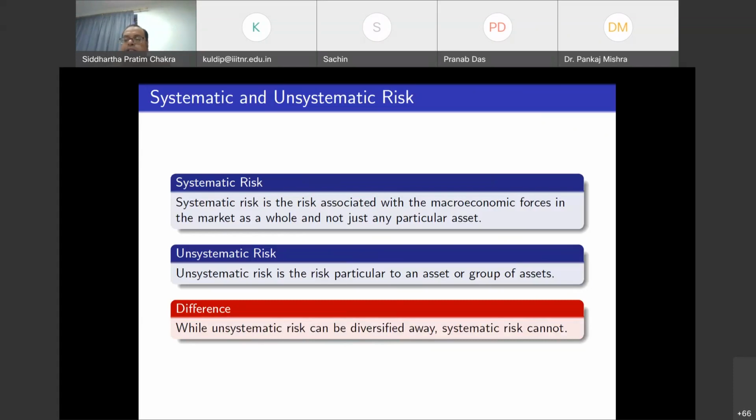Intuitively, you can see that this makes sense, because systematic risk is something happening globally which affects all the assets. So obviously you cannot do much, because even if you diversify and invest in a large number of different assets, all those assets are anyway going to be affected by the macroeconomic factors. So systematic risk cannot be gotten rid of by just adopting a strategy of diversification.